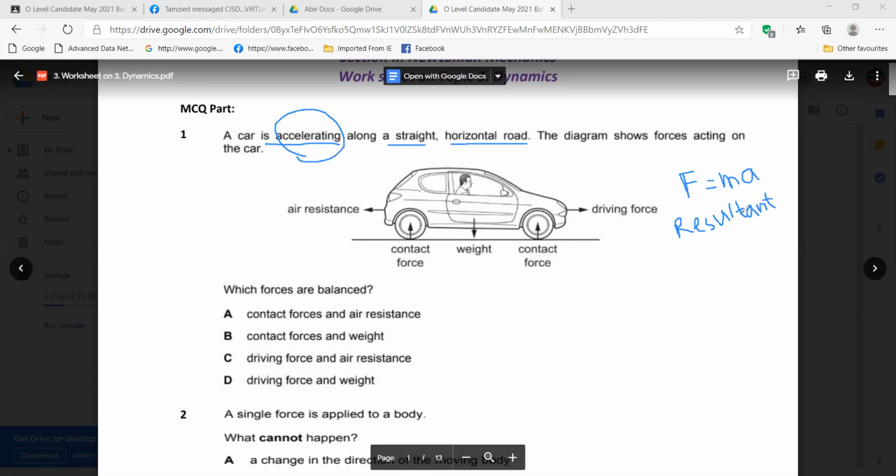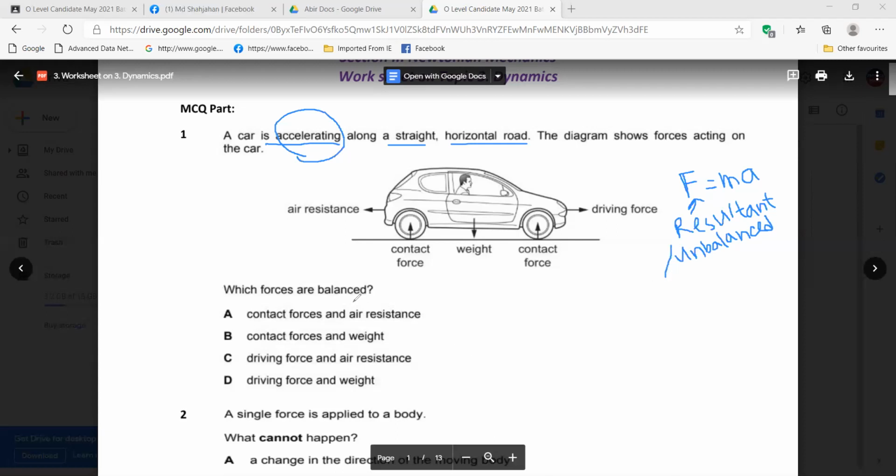This is resultant force, and if there is resultant force, it is unbalanced force. We get unbalanced force only if there is a resultant force, and if there is a resultant force, there is acceleration.